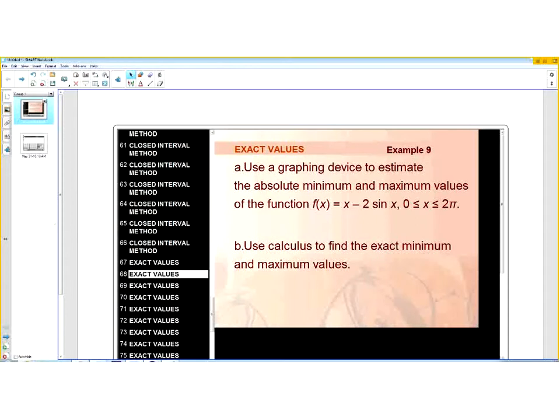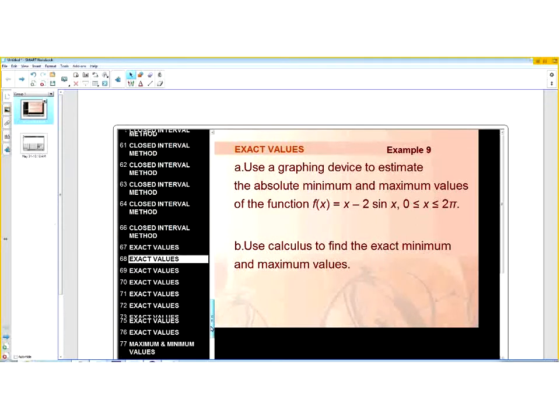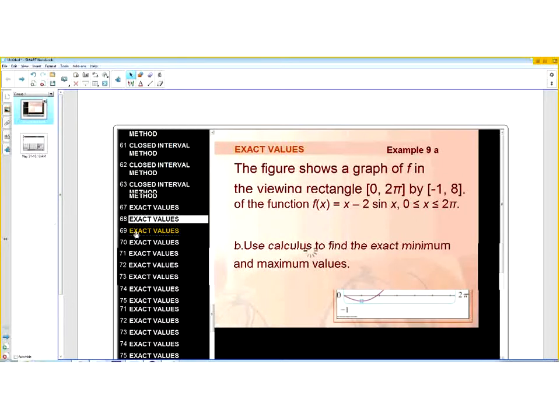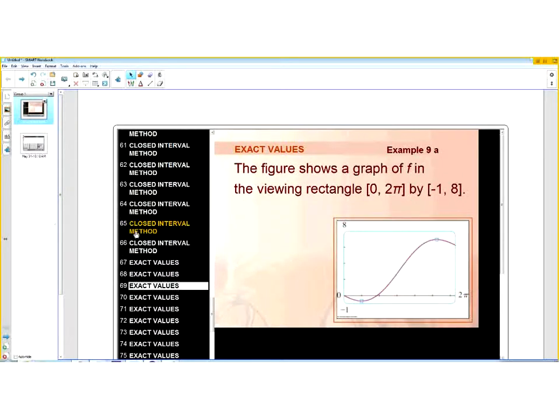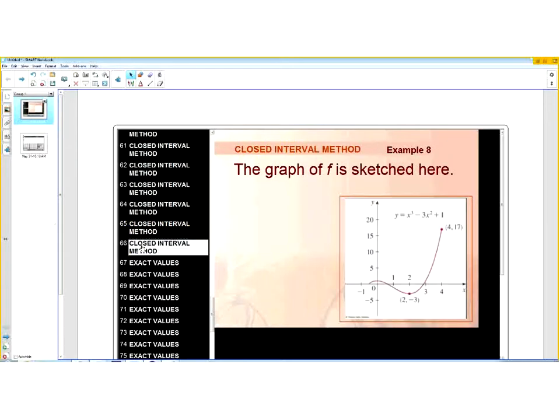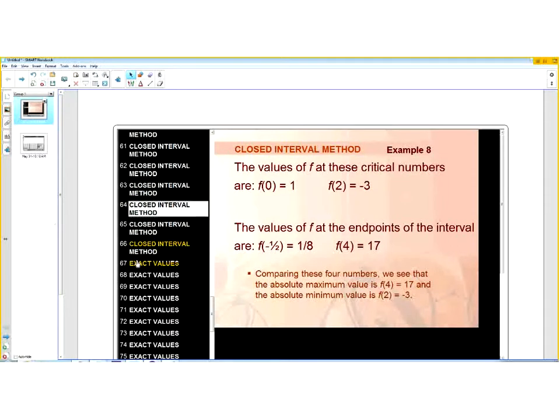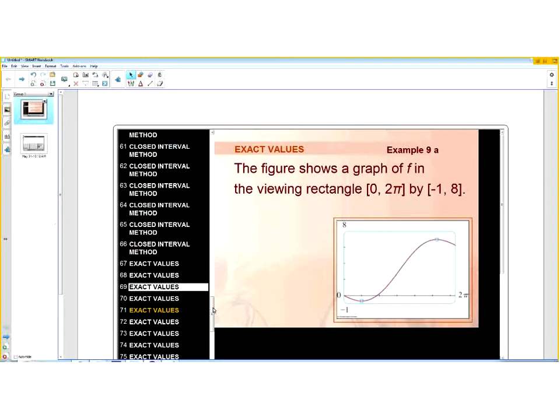So now we can use calculus, a less resource-intensive undertaking, to find those values. And so there's the sketch. They set their viewing rectangle just like we did. Oh, I went backwards. 68, 69. Okay.